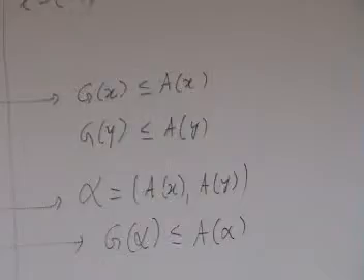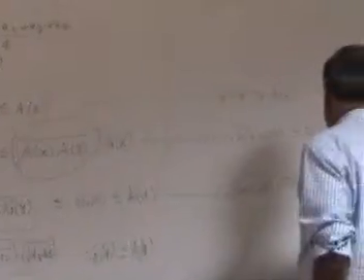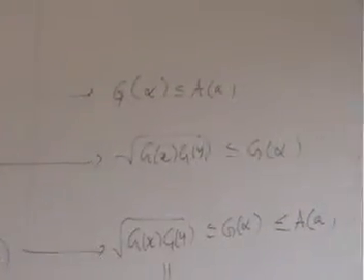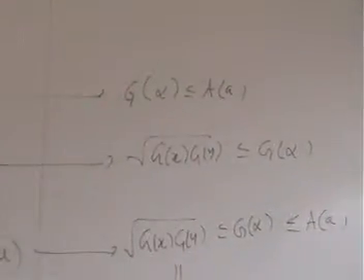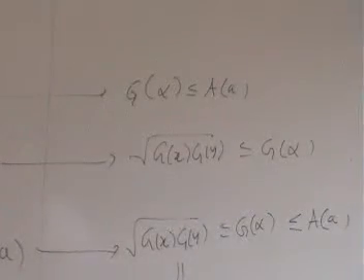Exactly the same steps will come, and you get square root of GX GY is less than or equal to G alpha less than or equal to AA. So there is no difference in the proofs. If you do it carefully, all the steps mimic themselves, repeat themselves, and you get the result.